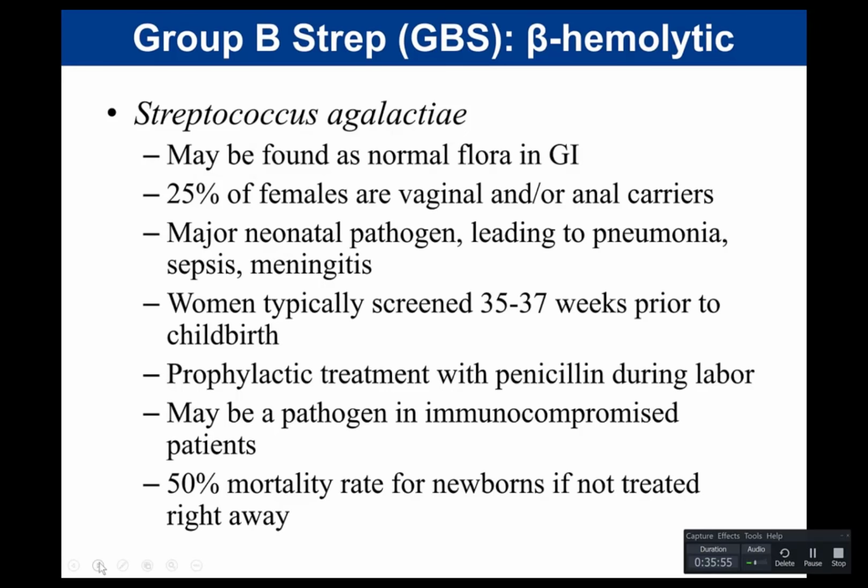And so knowing that the woman is a carrier, you can give a prophylactic antibiotic during labor to try and prevent transmission to the baby so that we don't get those complications in the neonate. So this is the one that you would want to know if you are a carrier.